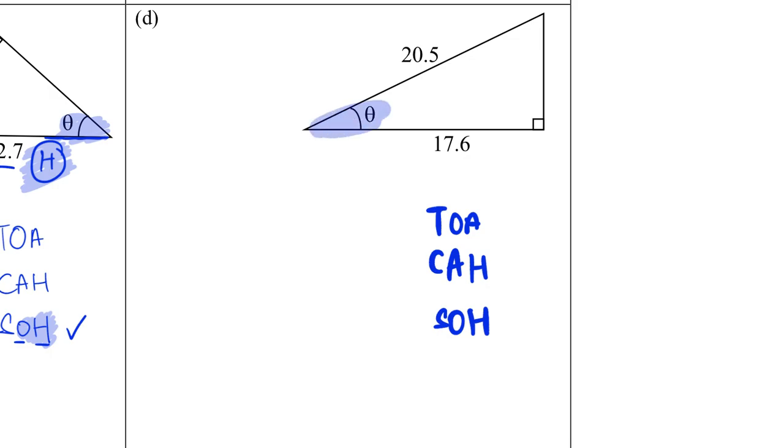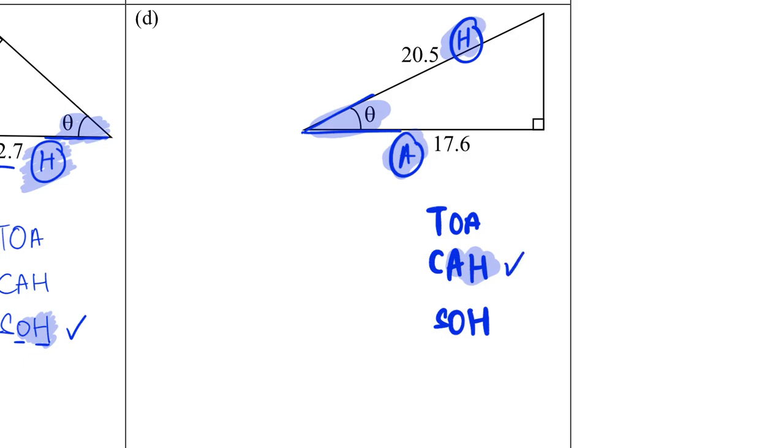So this happens to be my longer side, and this happens to be my adjacent side. So with A and H, which ratio should I use out of the 3 trigonometric ratios?